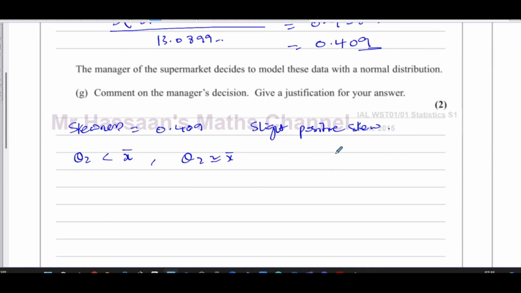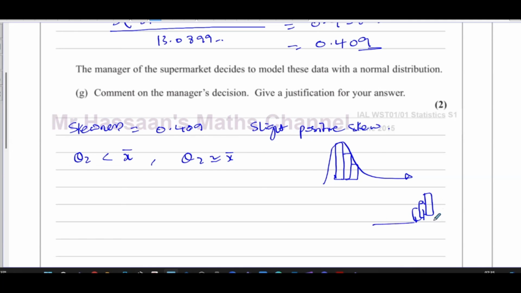Why? Because when you have your bars, the tallest bar is always the mode, and then there's the median, and then there's the mean. So if the median is less than the mean, then you have this positive skew. But if the median was greater than the mean, remember the mode, the median, and the mean, the height of the median bar is always bigger than the height of the mean bar.